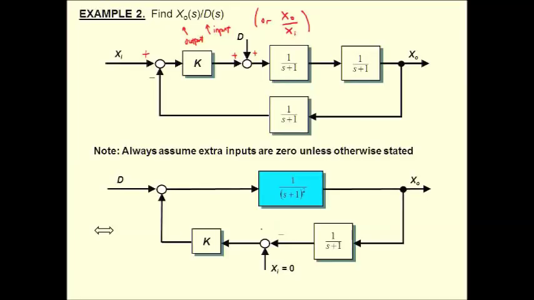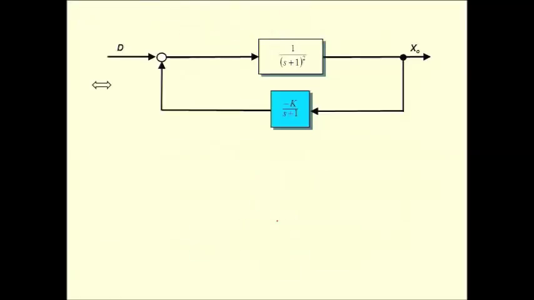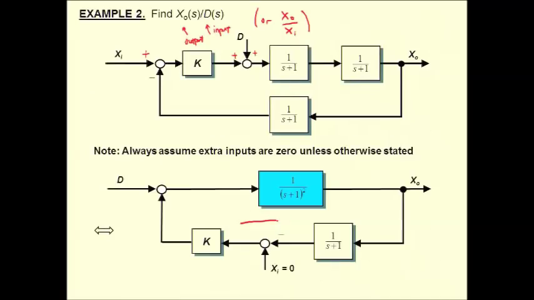So another way of writing this is just to put an arrow here and change this block to negative k. It's equivalent to this stuff here, because what this does is it takes the negative of that input signal and adds it to 0.